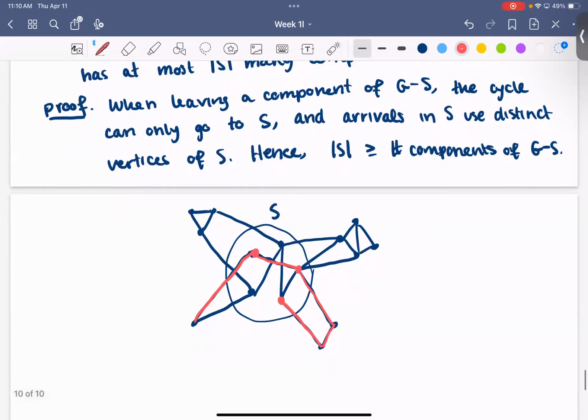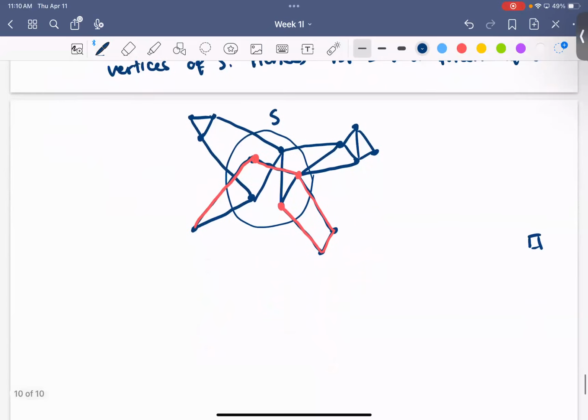Okay, so this condition finishes the proof. This condition actually is enough to guarantee two connectedness.